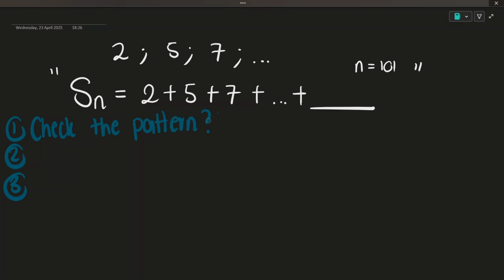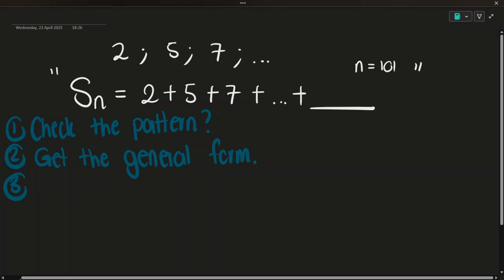What do I mean by check the pattern? What I mean is, what kind of pattern is this? Is this an arithmetic pattern? Is this a geometric pattern? Or is this a quadratic pattern? Then you get the general form. The moment you get the general form, you already have completed one of three aspects of this sigma notation.